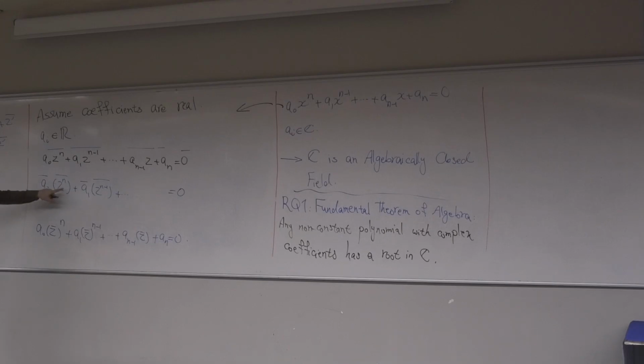What about z to the power of n's conjugate? Can I claim that it is the conjugate of z to the power of n? Because n times we are multiplying z by z, and I'm taking its conjugate. So it is going to be the conjugate of z times the conjugate of z, multiplied n times to itself. So it is the conjugate of z to the power of n. Okay?